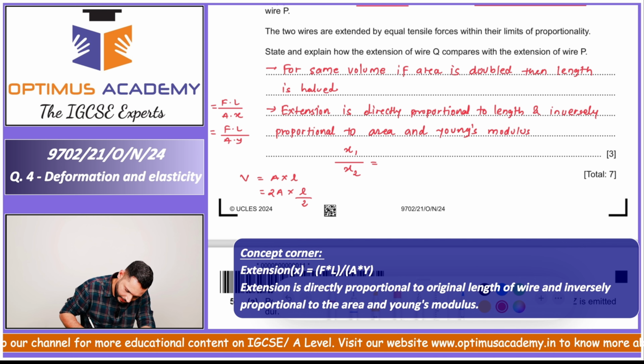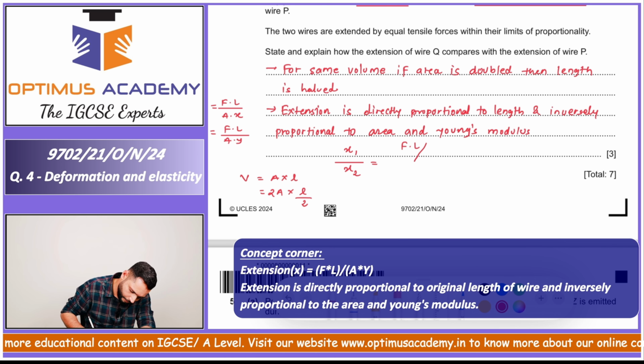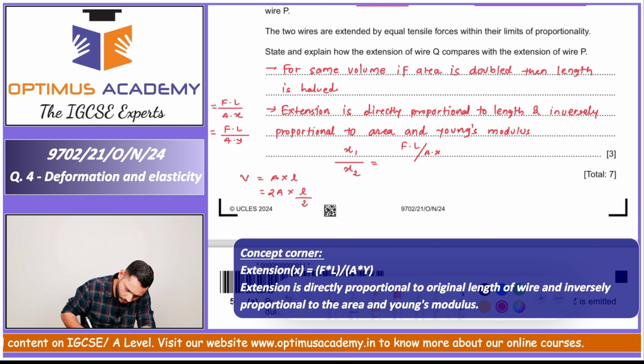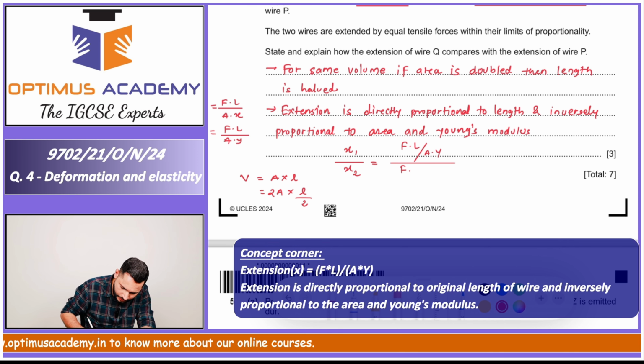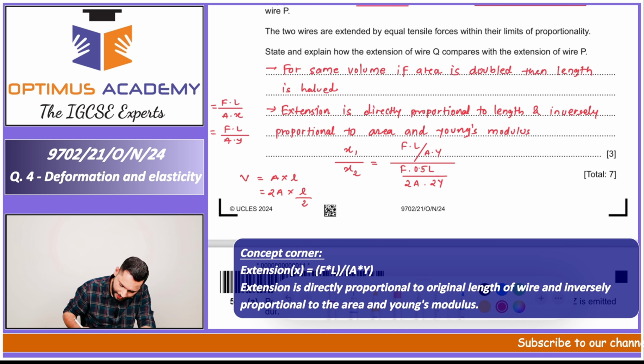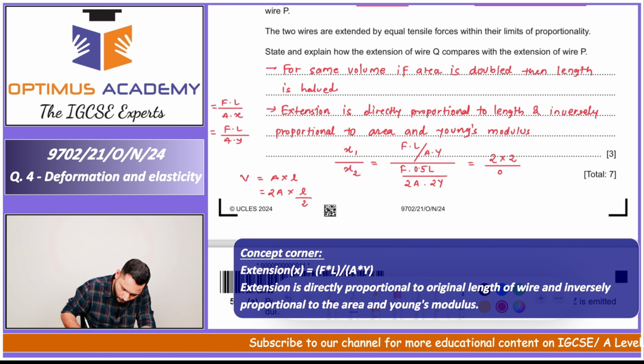So for the first wire, we will write F into L divided by A into Y. For the second wire, the force is the same, the length is halved, so it will be 0.5 times L, divided by area doubled, so it will be 2A, and even the Young's modulus is doubled, so it will be 2 into Y. So we are now remaining with 2 multiplied by 2 upon 0.5, and that gives us the answer 8.